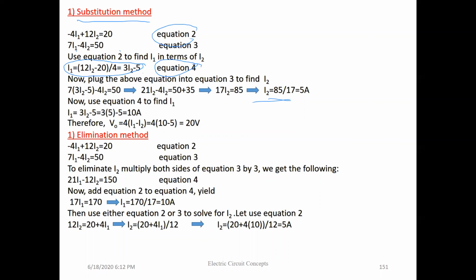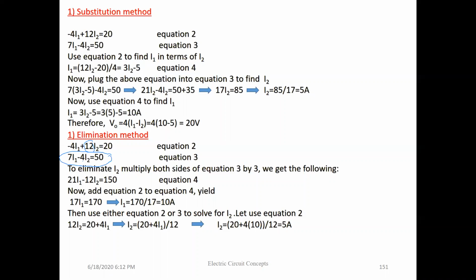Now the other method is the elimination method. I'm going to explain this one because I haven't talked about it before. Elimination means I will find a way to eliminate one of the variables, either I1 or I2. Now the easiest way is to eliminate I2. So if I multiply equation 3 by 3 to make it equal to 12, and then add the result to equation number 2.